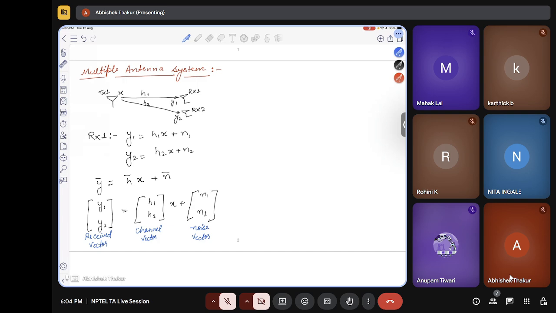And here, what is our x? X is the transmitted symbol, y is the symbol received, n1, n2 is the Gaussian noise, and the expectation of n1, n2 will be 0 because these noises are uncorrelated, so the covariance will be 0.